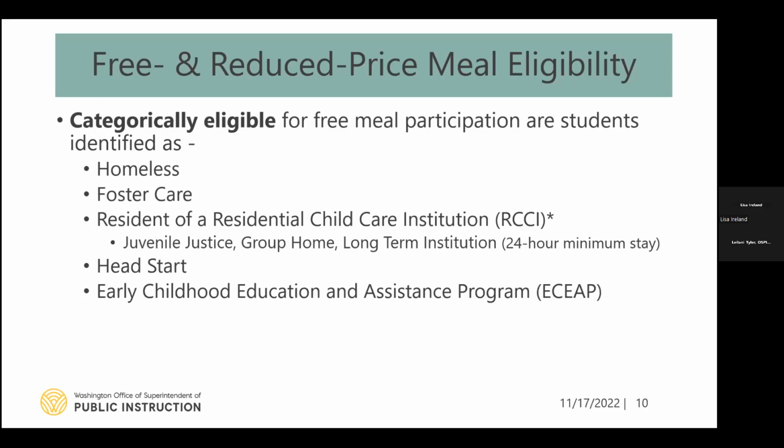Folks go, what do you mean? For instance, if a student is currently enrolled in a public school through a juvenile detention center, a group home, or a long-term institution, such as Green Hill, Chehalis, Echo Glen. There are a lot of different facilities around Washington. Those students are automatically eligible for free meals.